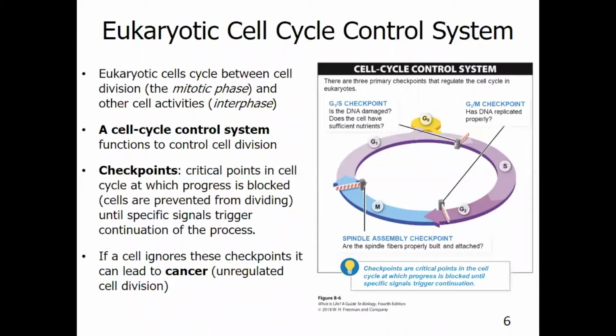So cells are actually prevented from dividing until they receive specific signals indicating it's okay to continue the process. We will look at what happens when cells ignore these checkpoints, because cancer often results from cells ignoring these checkpoints.